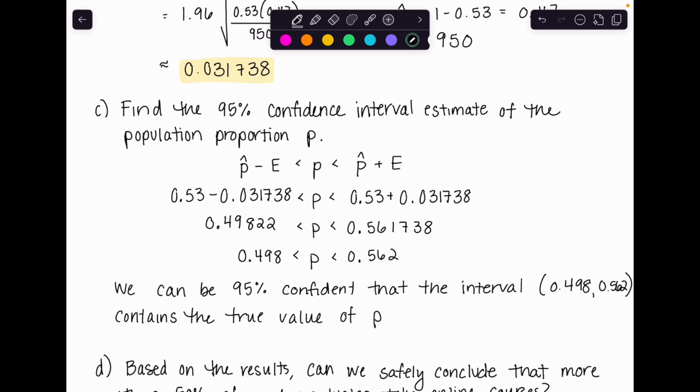So one of the most common things is that this gets misinterpreted a ton. So this statement is correct. We can be 95% confident that this interval actually contains the true value of the population proportion.